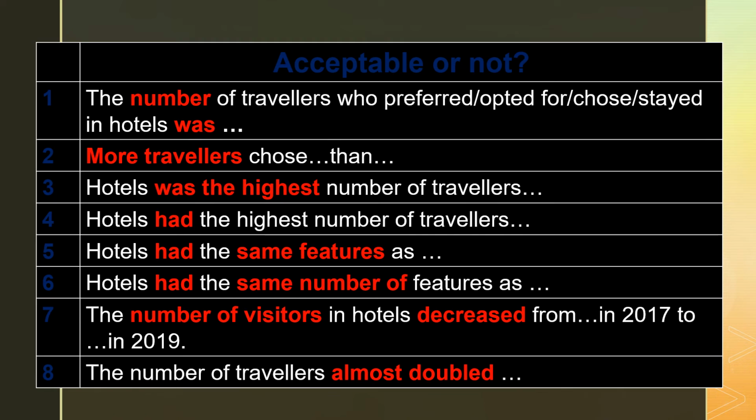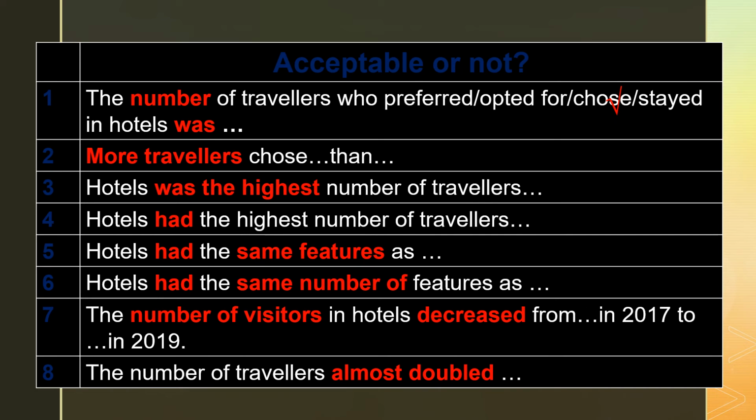Alright, now these are some of the analyses and whether we can accept them or not. Number 1. Can we accept this subject reference? Yes, we can. The number of travelers who preferred, opted for, chose, or stayed in hotel was the highest at how many? And you have to put in the correct time frame.